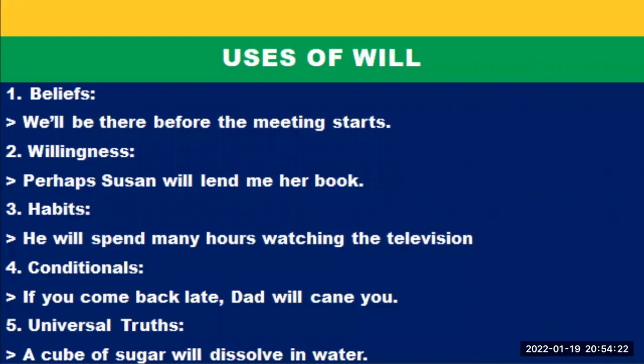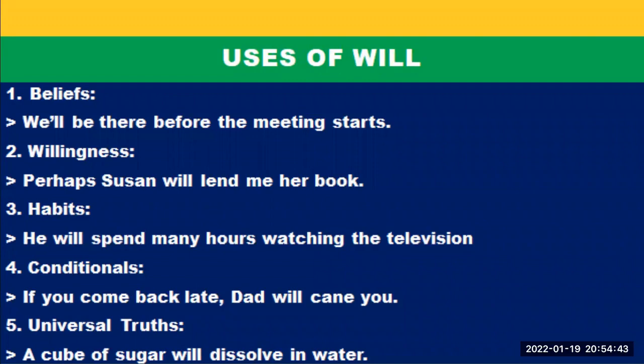Now, let's talk about some uses of will, all right? Some of these uses are not frequently discussed, so I want to talk about them. Some of them are commonly used.